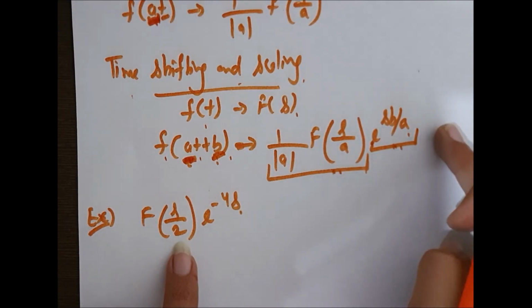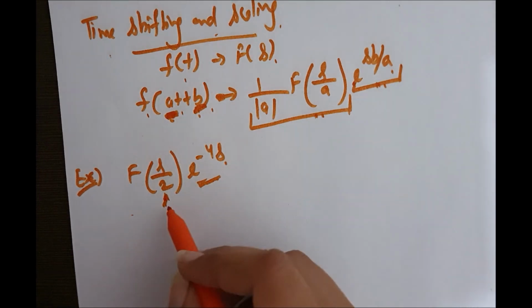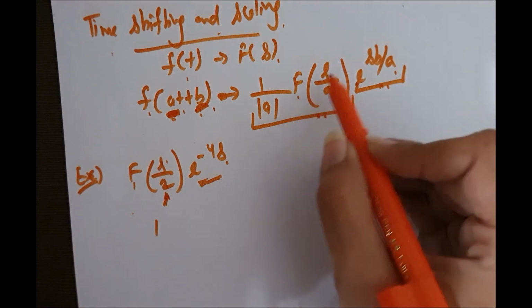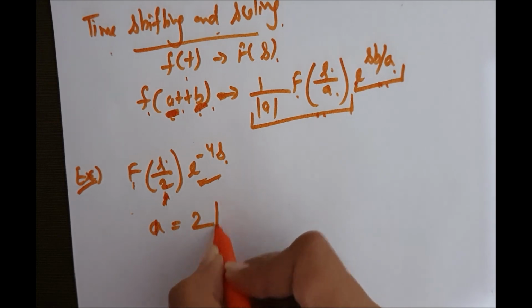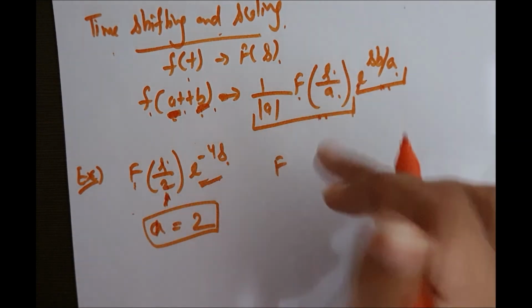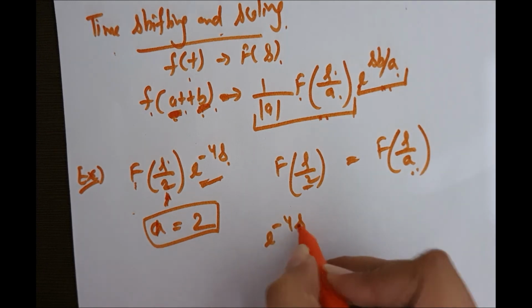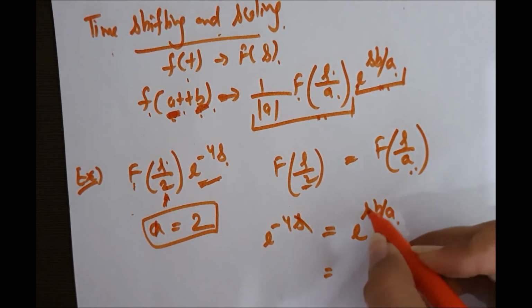Now we are given this and have to find this. You can see in this example time has been scaled as well as shifted. Now find a and b. Here we can see F(s by 2), and this is F(s by a), so a comes out to be 2. Now check it. For b, the s get cancelled.